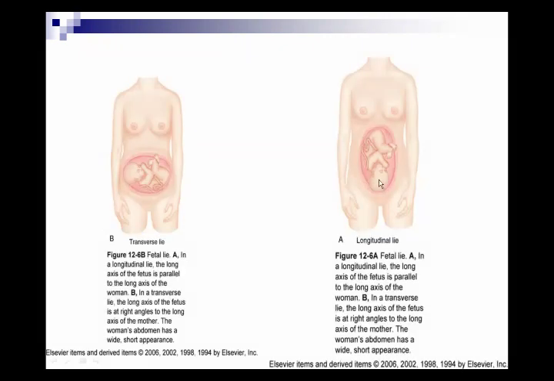So longitudinal can be either breech or cephalic, head first, and then transverse is side to side, which is very rare, like 1%. Oblique means it's at a side angle.